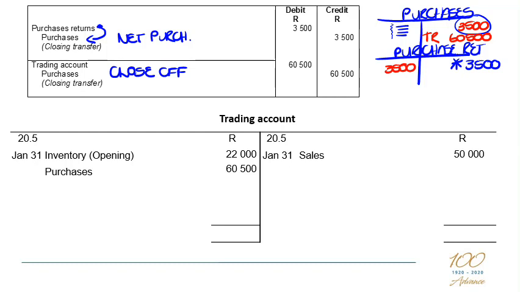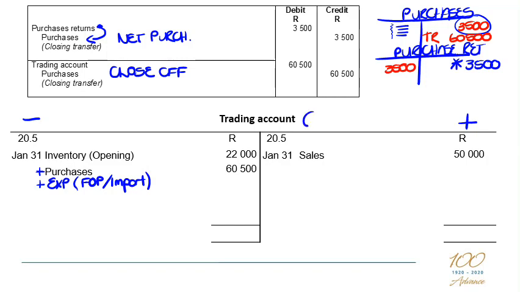In the trading account, I had the sales as an increase. I'm busy calculating cost of sales, and cost of sales is the opening inventory plus the purchases plus any other expenses if I had any, like freight on purchases or import taxes, which I don't have in this example, but they would also end up on the debit side.